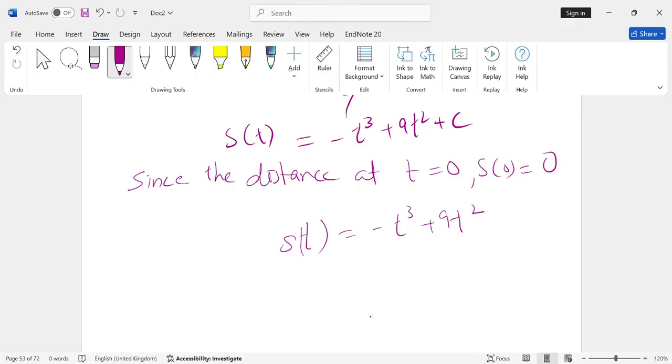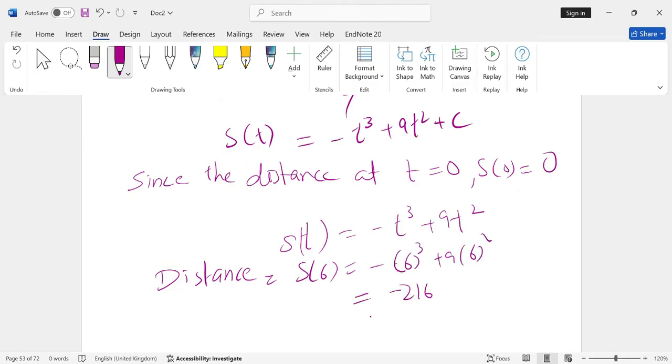So the distance is s of 6, which is equal to minus 6 cubed plus 9 into 6 squared. That is minus 216 plus 9 into 36, which equals minus 216 plus 324 equals 108.